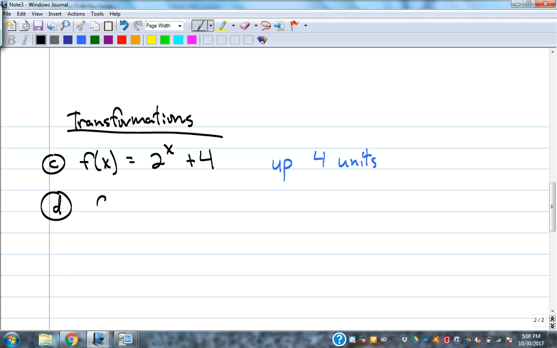Say we had f of x was 2 to the x minus 3. So the minus 3 is inside of the exponent there. Perfect.